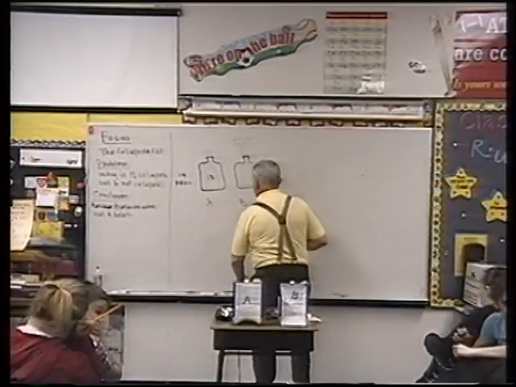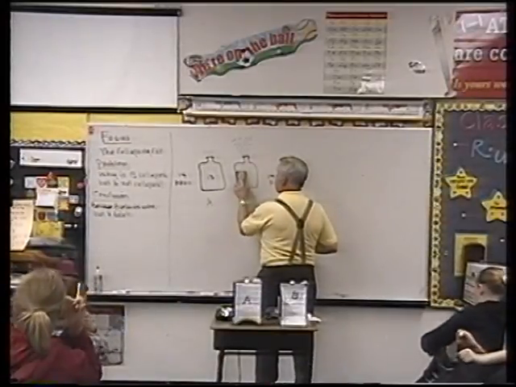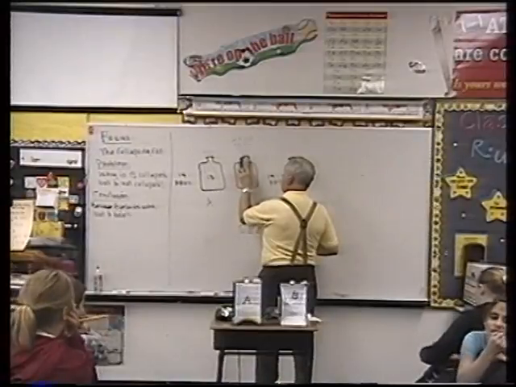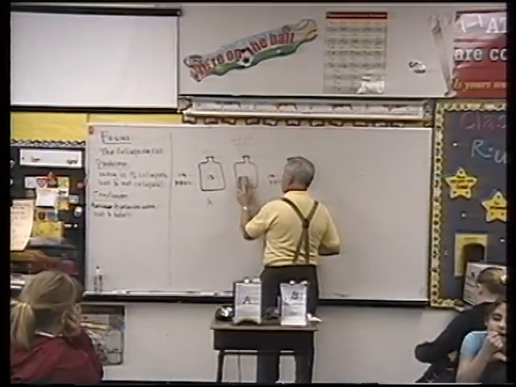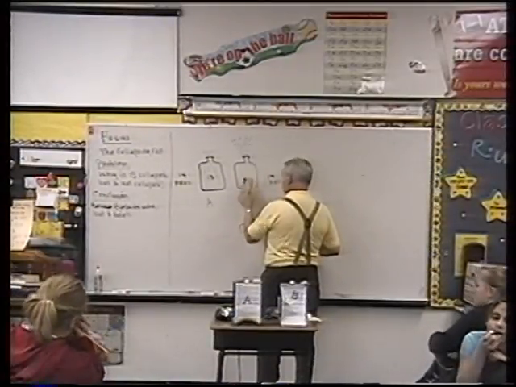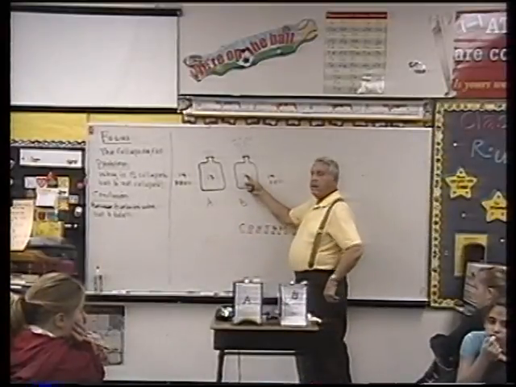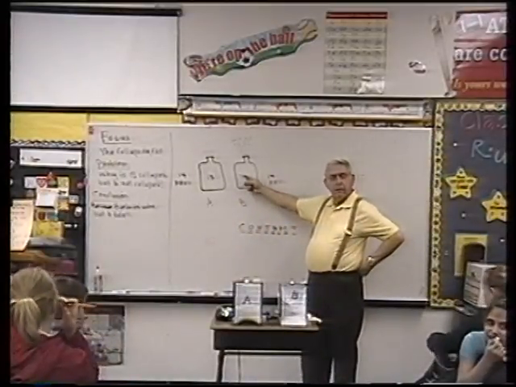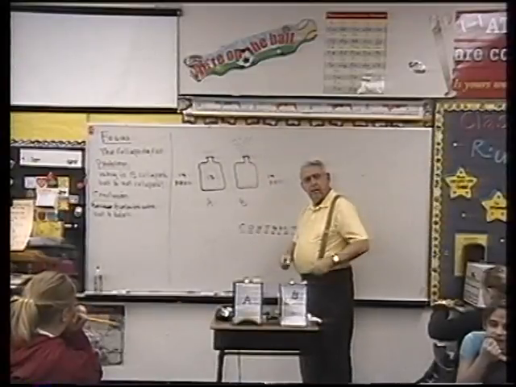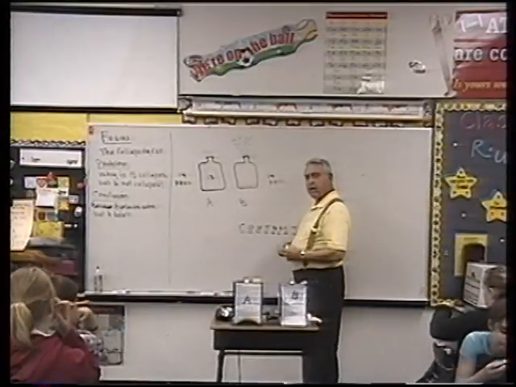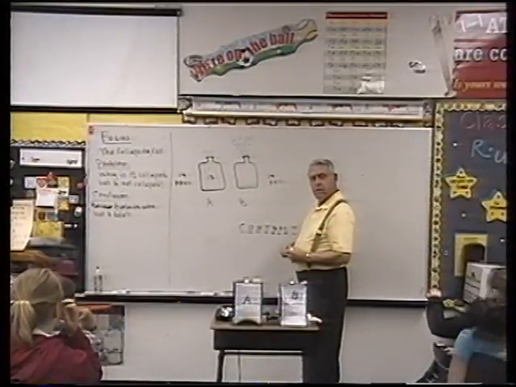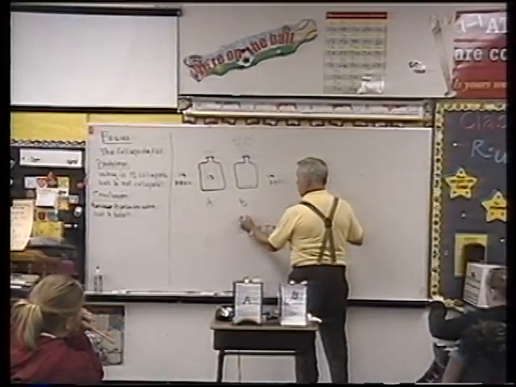So when this one cooled, all of the steam that was in here turned back into liquid water, leaving behind what? Nothing. What's a space with nothing in it called? Anybody know?